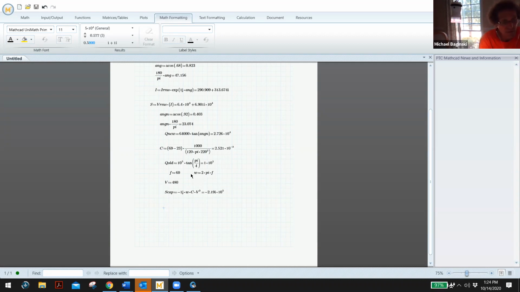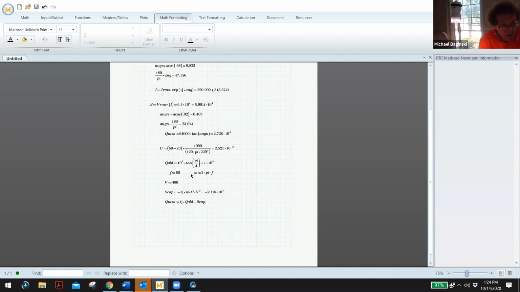It's all reactive because of the J. Now I can find Q new, right? Well, that's Q old, which would be really 1J times Q old. It's about 10 to the 5th. It's that minus, and then really just plus, pardon me, plus the reactive power associated with the capacitor.